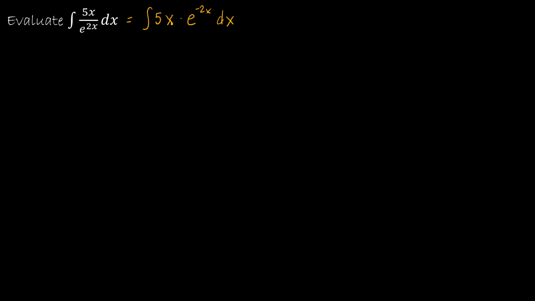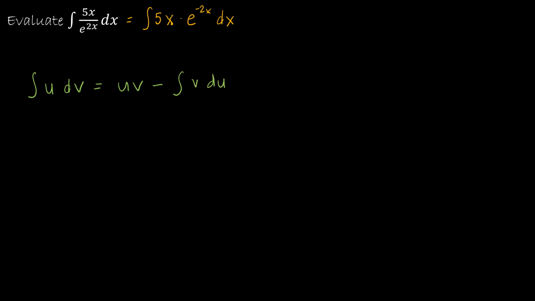Now we have the product of two functions, and one of the functions is a transcendental function, because it's that e to the negative 2x, the exponential function. So again, we're going to just copy our formula down so that we know where we're headed. We're taking the integral of u dv to be uv minus the integral of v du.